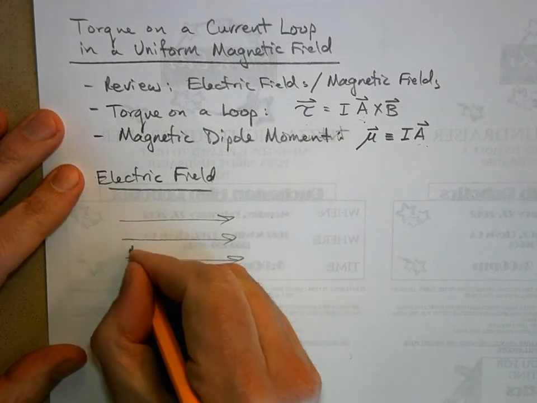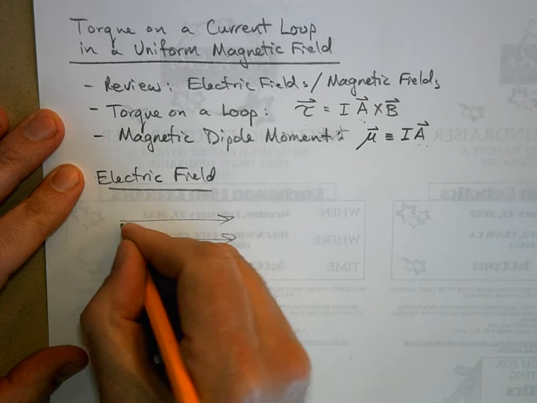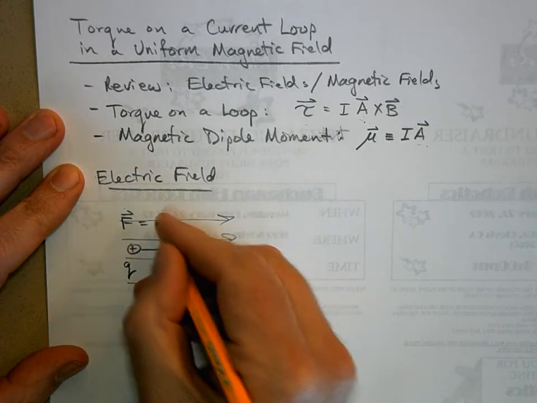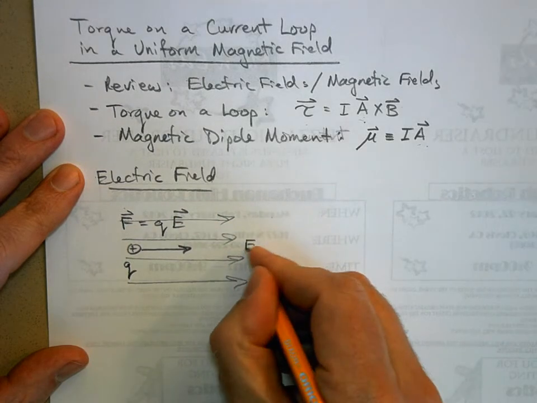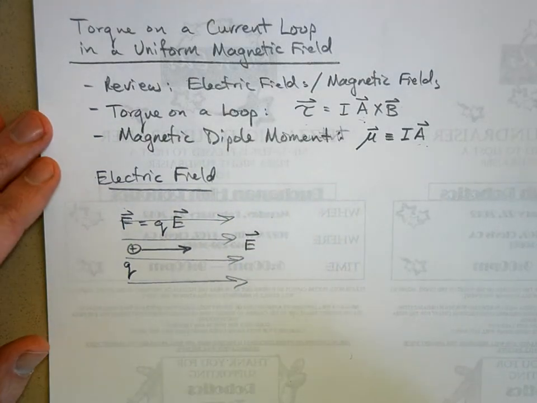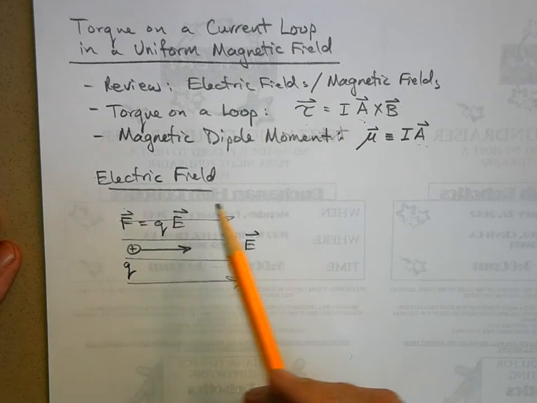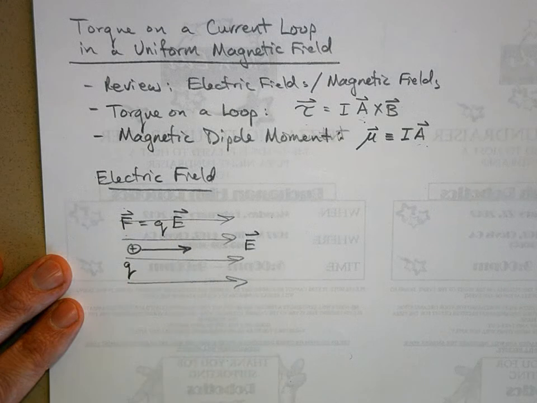Electric fields apply forces to objects because they have a net charge. And the equation for that is F equals Q times E, where E is the electric field. This kind of defines what an electric field is. What do electric fields do? They apply forces to objects that have a charge on them.